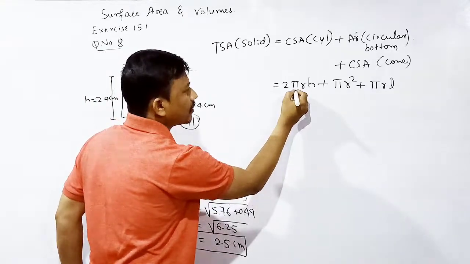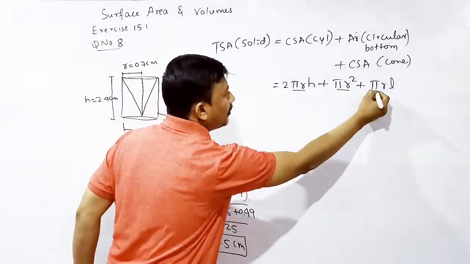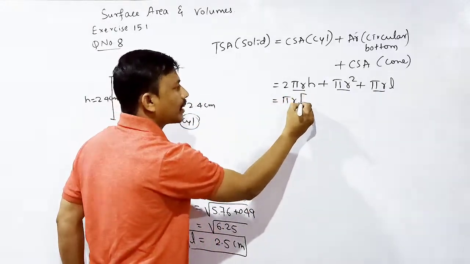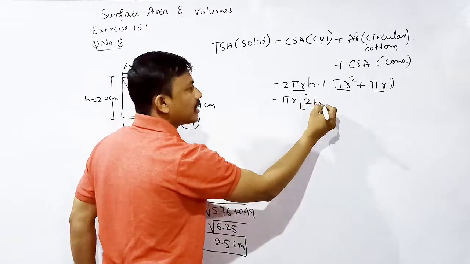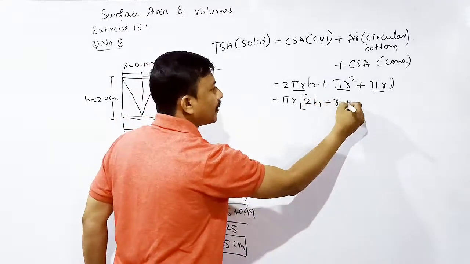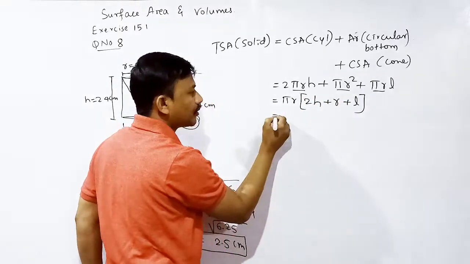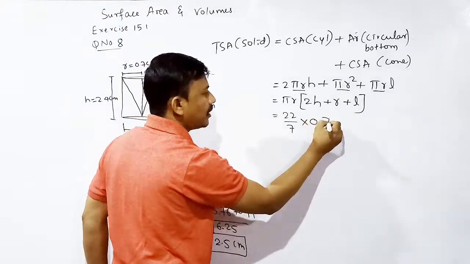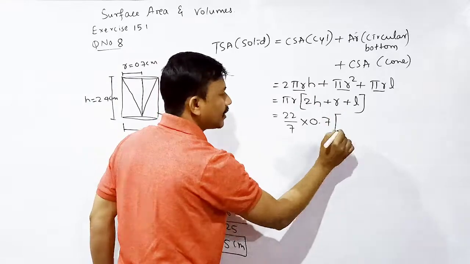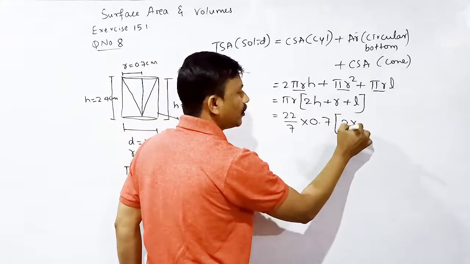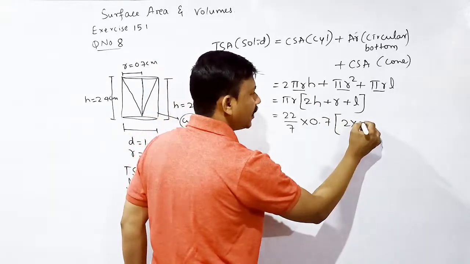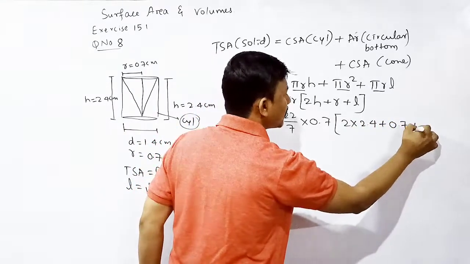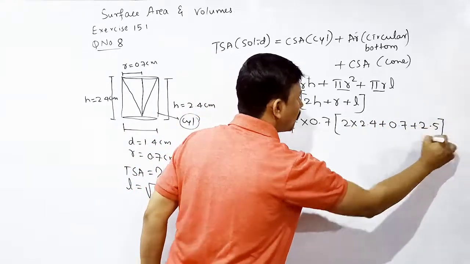Pi r common, pi r common, pi r common. Yes or no? This is equal to pi r in bracket 2h plus r plus L. This is equal to 22 divided by 7 into 0.7 in bracket 2 into 2.4 plus 0.7 plus 2.5.